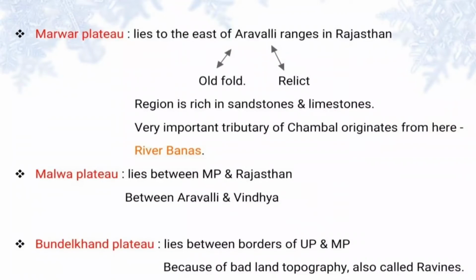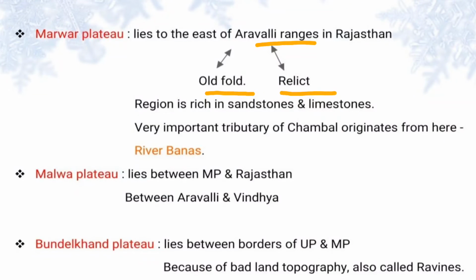Now we said that the Marwar Plateau lies to the east of the Aravalli range, and the mountains of the Aravalli range are old fold mountains and also relict mountains. Now what are relict mountains? They are the residual mountains that have been left by the old fold mountains.